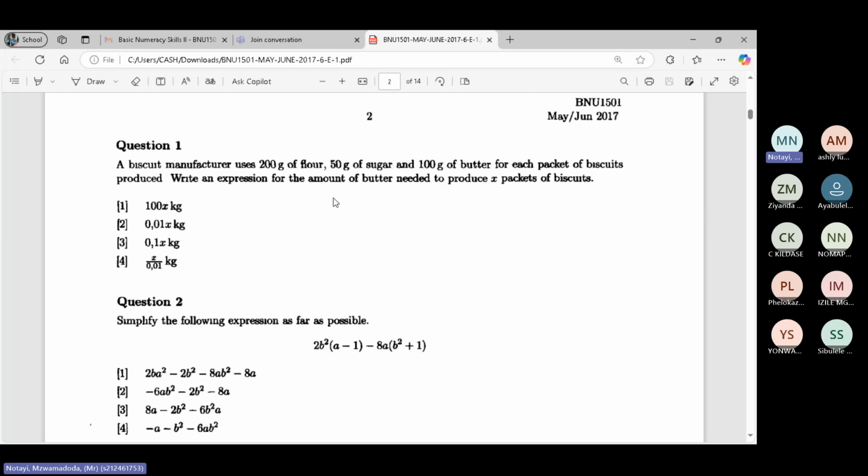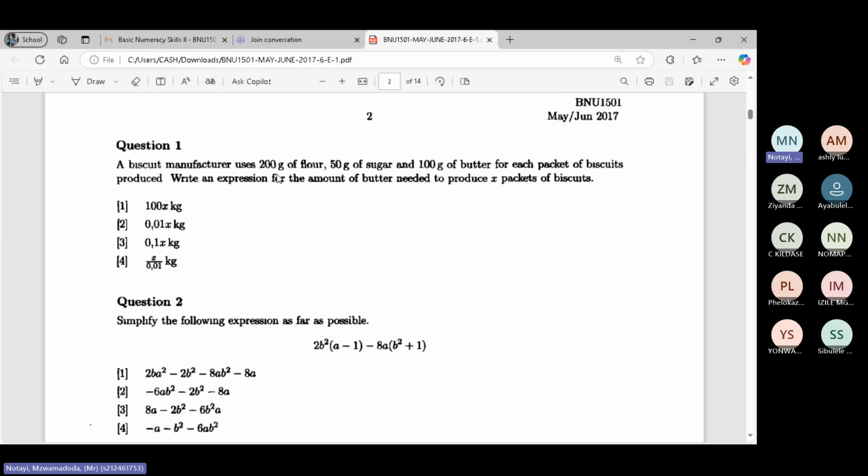Now I'm going to ask you to write me an expression for the amount of flour that is needed to produce X packets of biscuits.